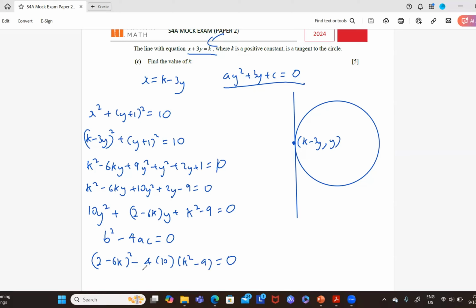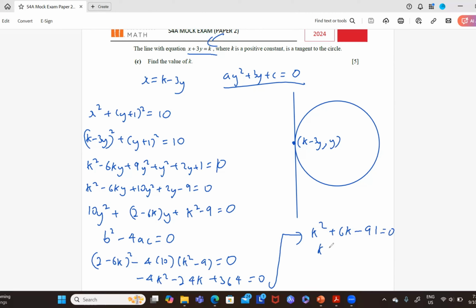Okay, so from here, when you reduce down, you should get minus 4k squared minus 24k plus 364 equals 0. So you divide both sides by minus 4, you should get k squared plus 6k minus 91 equals 0.